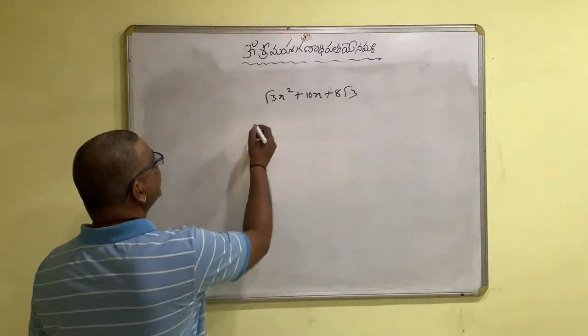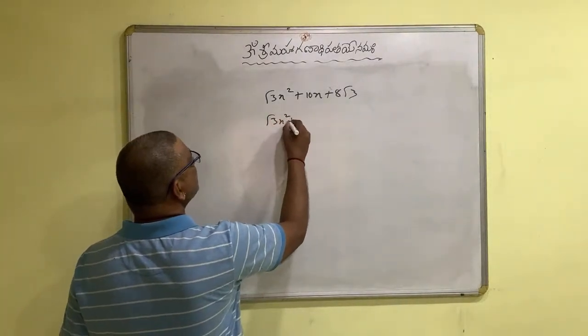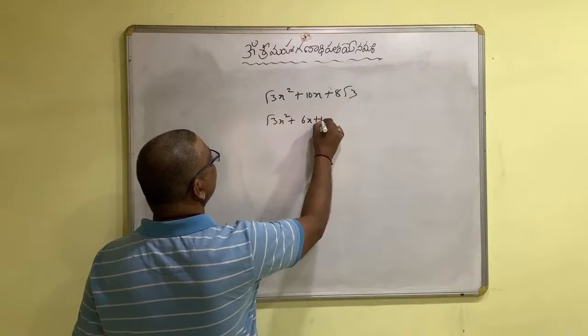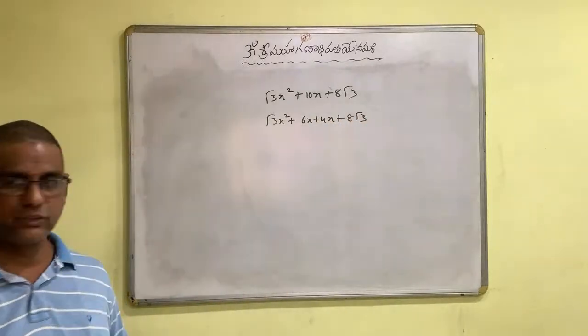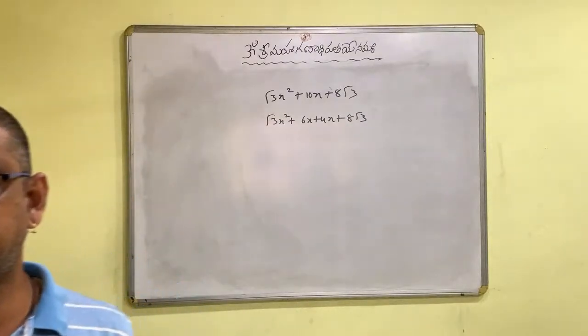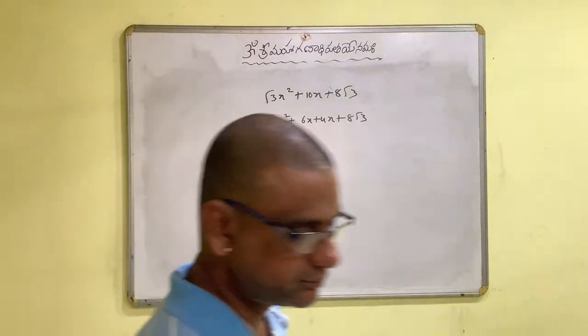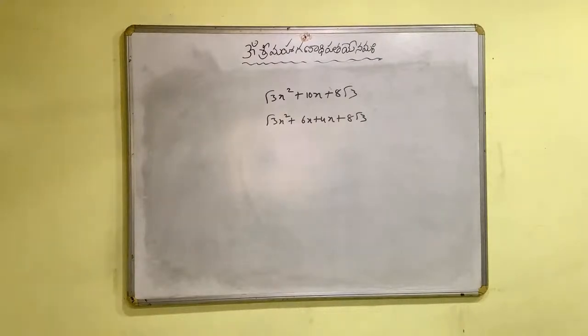So root 3x square plus 6x plus 4x plus 8 root 3. 6x plus 4x is 10x. 6 into 4 is 24.